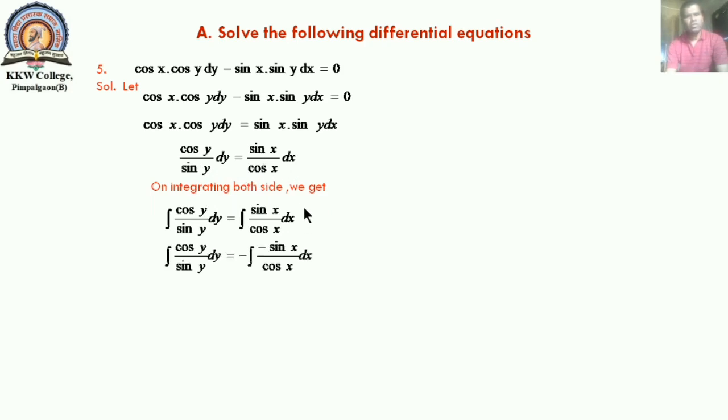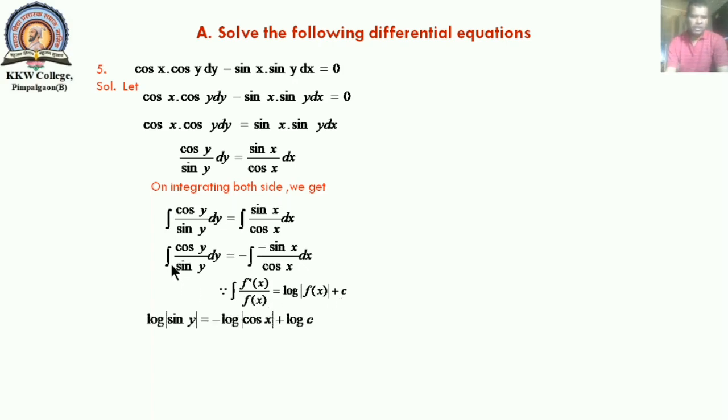For simplicity, for use of the standard formula, the derivative of sin y is cos y with respect to y. The derivative of cos x is minus sin x. Minus sign is not there, so we adjust the minus sign: minus of minus sin x upon cos x. Using the standard formula, f dash of x upon f of x is log of mod of f of x.